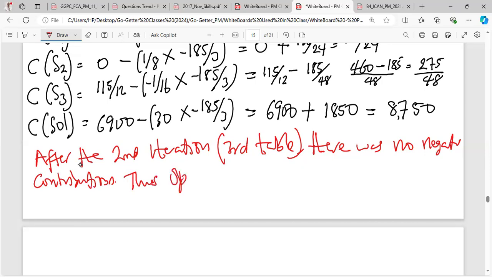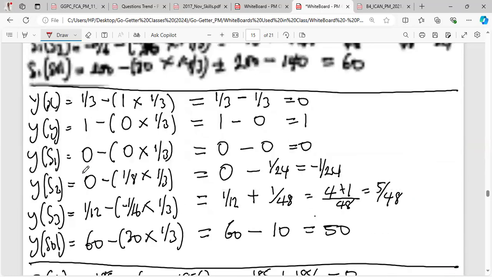Thus, optimality has been reached. All right, optimality has been reached.